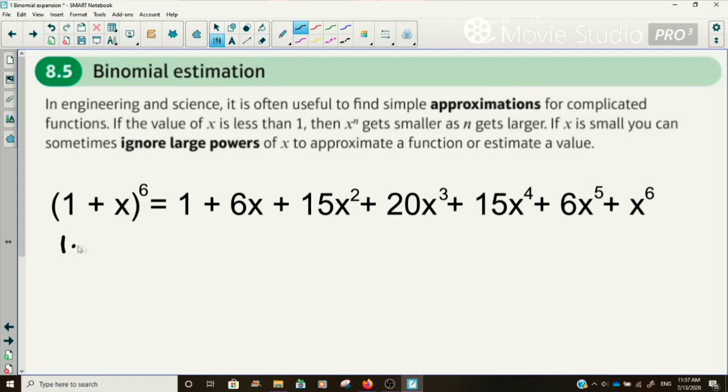So I'm going to show you how we can approximate the value of 1.01 to the power of 6 just by doing a few calculations rather than calculating all 7 terms and adding them together.